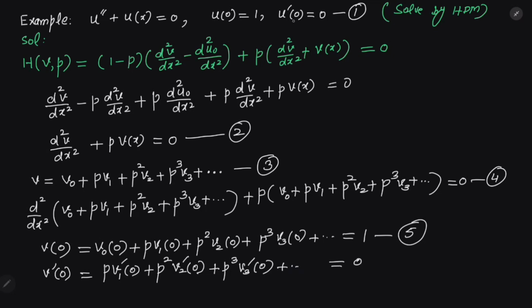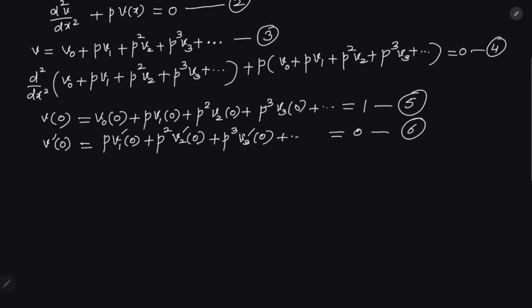Since u dash 0 is 0, v dash 0 is equal to 0. This is our equation number 6. Now we have to solve equations 4, 5, and 6.